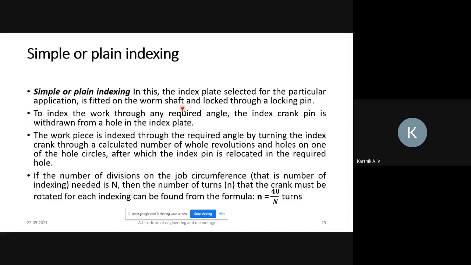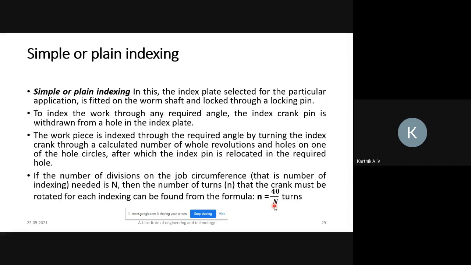It is equal to 40 divided by n. The spur gear has 40 teeth. One full rotation of the crank is equal to one tooth movement in the spur gear. So how many rotations are required to complete one full rotation of the spur gear?